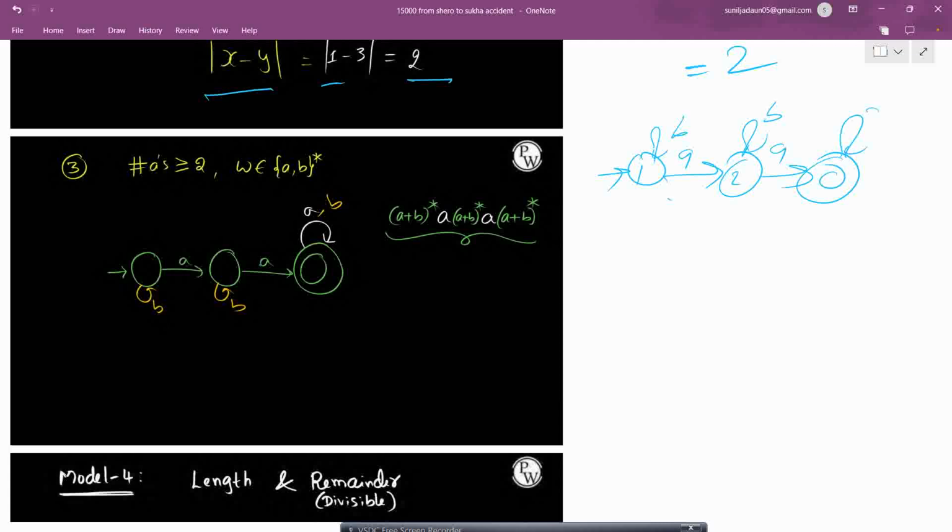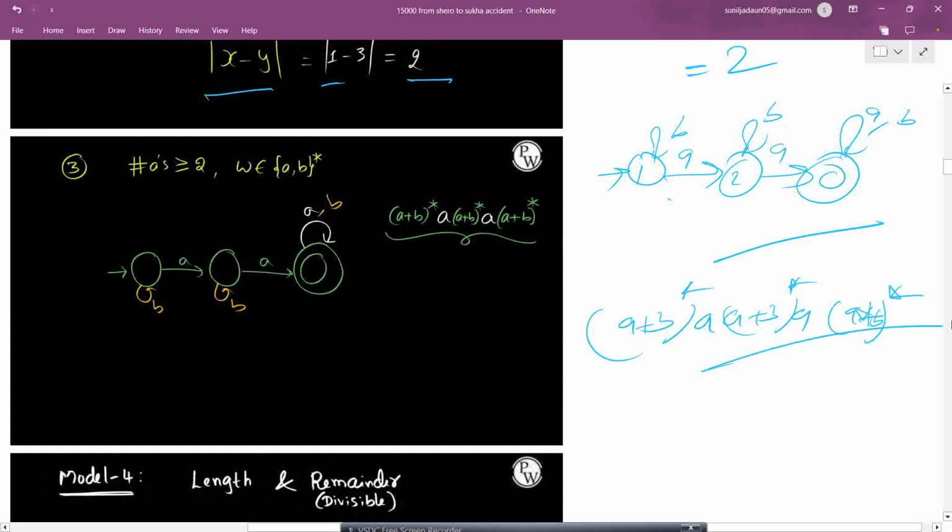If there are more A's, we will accept, and if there are more B's, we will accept here also. So this is, I think, the regular expression for at least 2 A's. Whatever is here, whatever is here, we don't care. Alright, so this is the case also. Two regular expressions. This is the minimum DFA.